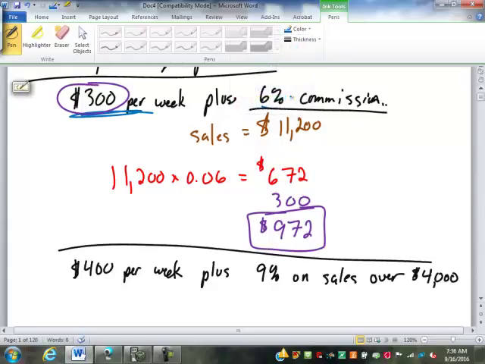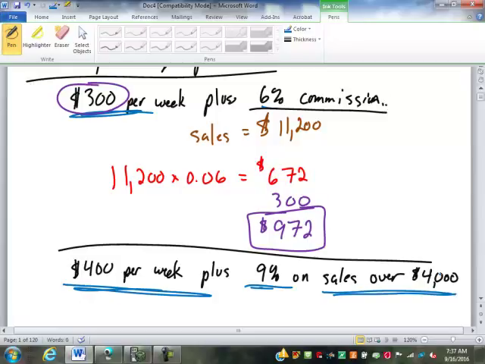So what this is saying is, you do get a commission on sales, but this $400 per week, they're expecting you to do something for it. You can't just sit at home for the week and not sell anything and still get your $400. So they're not going to give you any commission until you get above 4,000 in sales. They're expecting that for the $400 a week, you get up to 4,000 in sales.